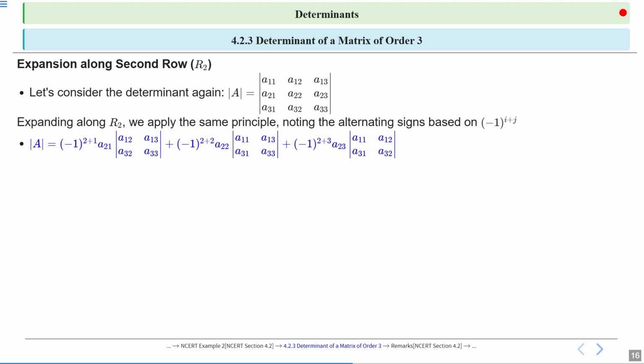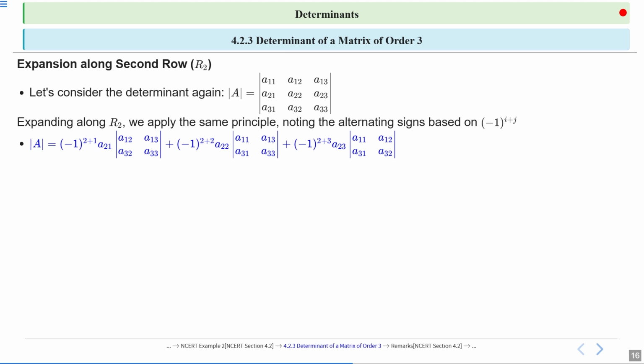For the third element A23, we multiply with minus 1 the power i plus j, that is minus 1 the power 2 plus 3, into A23, and then the determinant of the matrix obtained by canceling the second row, that is A21, A22, A23.